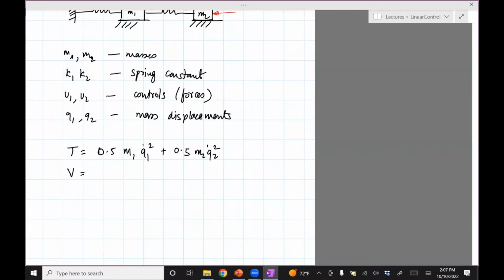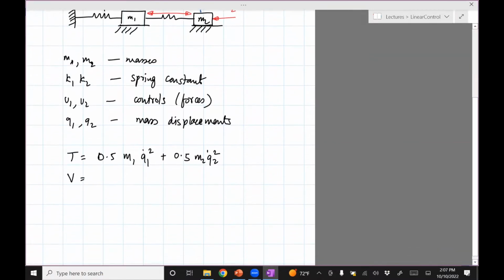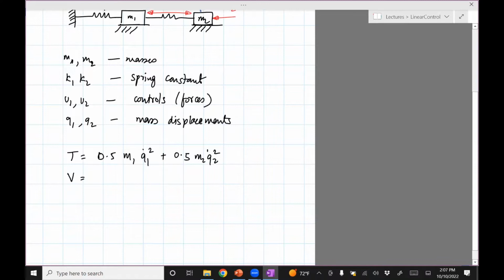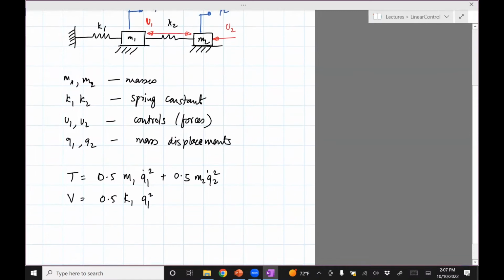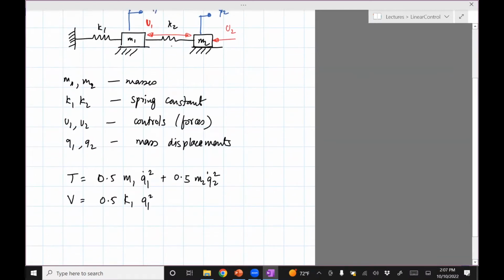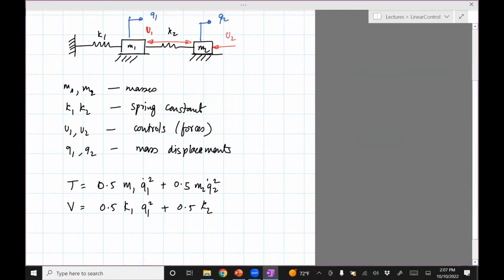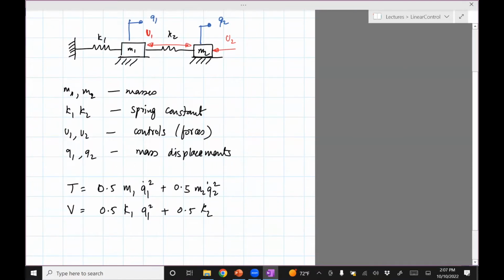Now, we've never really talked about springs before in this course. So the spring energy is just like energy due to kinetic energy. It's going to be 0.5 K1 times Q1 square plus 0.5 K2. Now, the thing about K2 is that one side is going to be pushed by Q1 to the right.